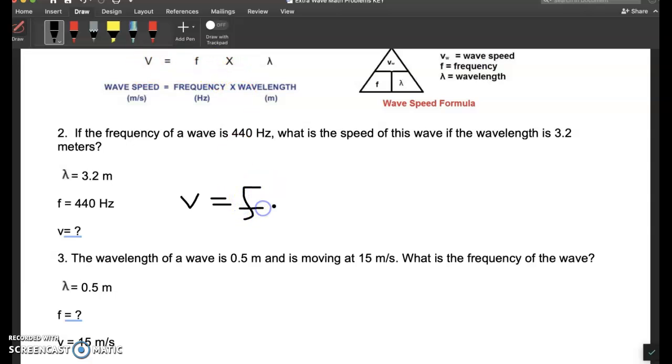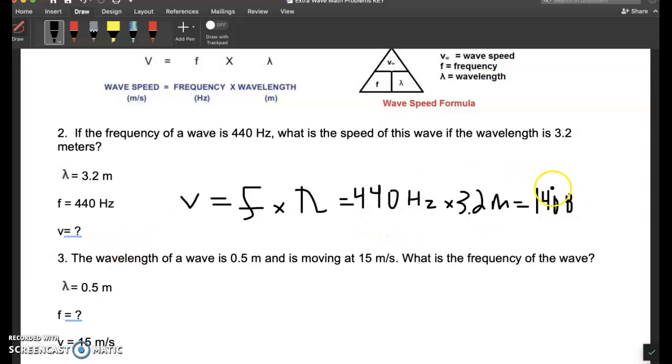So it's frequency f times lambda, and then I'm just plugging in what I know, which is frequency 440 hertz times wavelength, which is 3.2 meters, which is then equal to 440 times 3.2, which gives me 1,408.